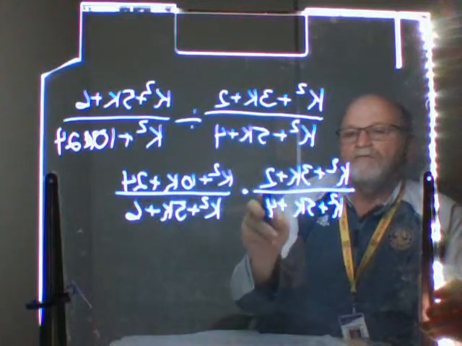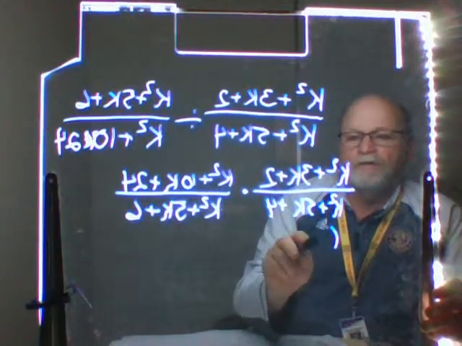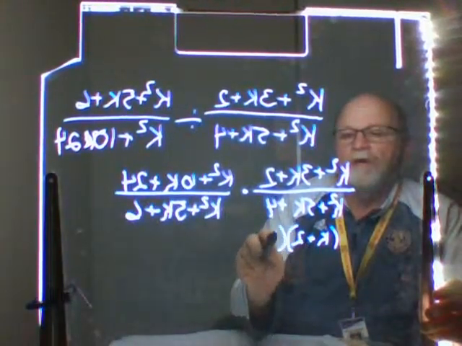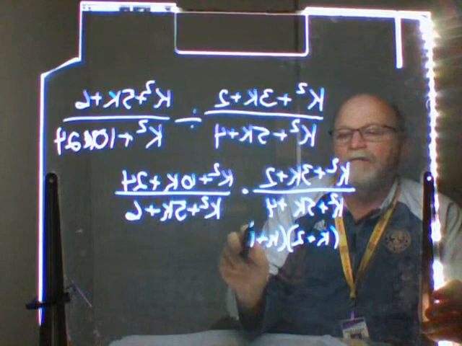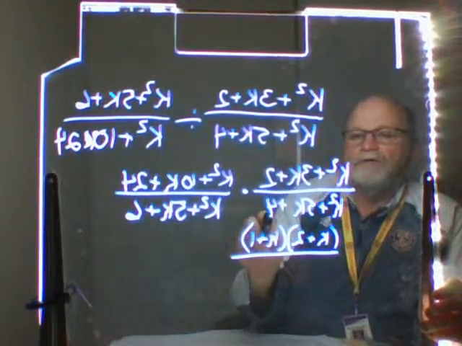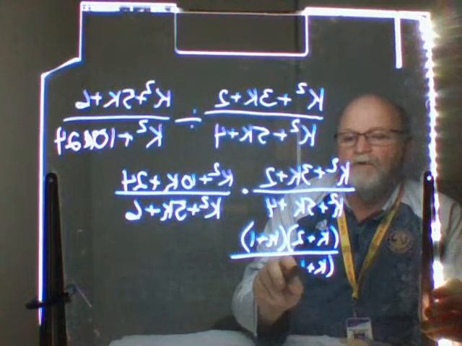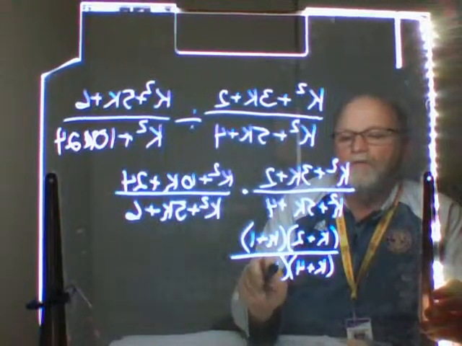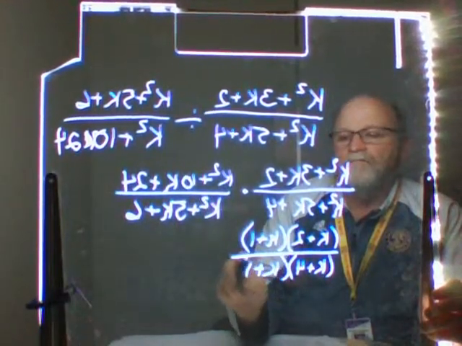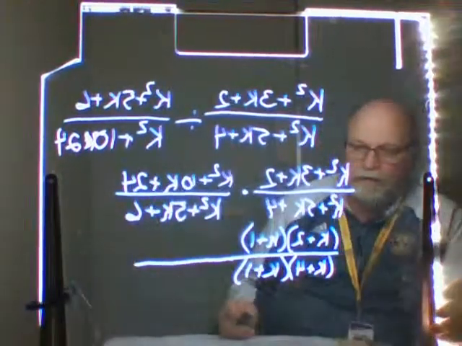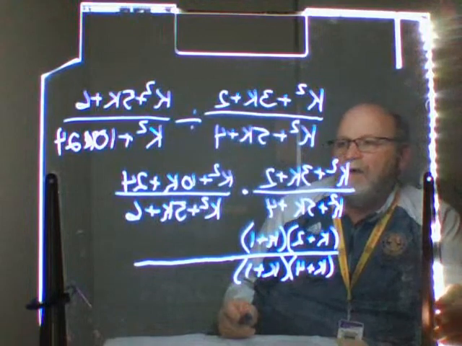So factors of 2 that add up to 3, so this is going to be k plus 2, k plus 1, right? And then factors of 4 that add up to 5, that one's pretty easy too, right? k plus 4, k plus 1. All right, now I'm going to extend this. I'm just going to put the others on the line with it.